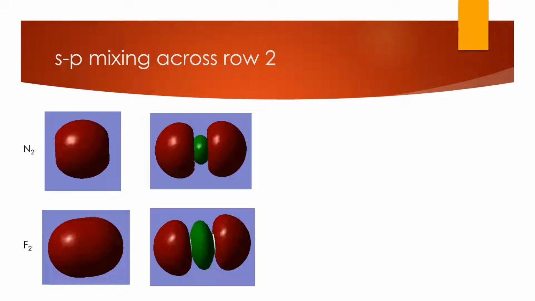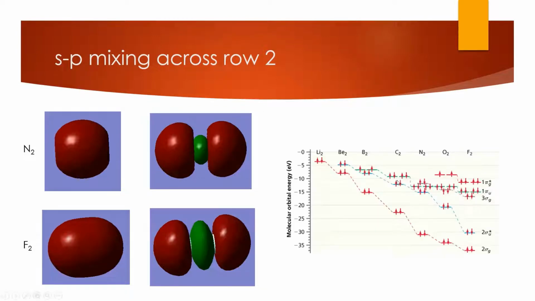Since we're doing this primarily qualitatively, that's all that we really care about. Now, as we switch over to nitrogen, we see that this crosses the threshold. So for nitrogen, carbon, boron, beryllium, lithium, the 3 sigma g orbital would be higher in energy than the 1 pi u orbital because of mixing. Of course, these are not occupied for atoms that are smaller than nitrogen. So it's really only an issue for nitrogen, oxygen, and fluorine.